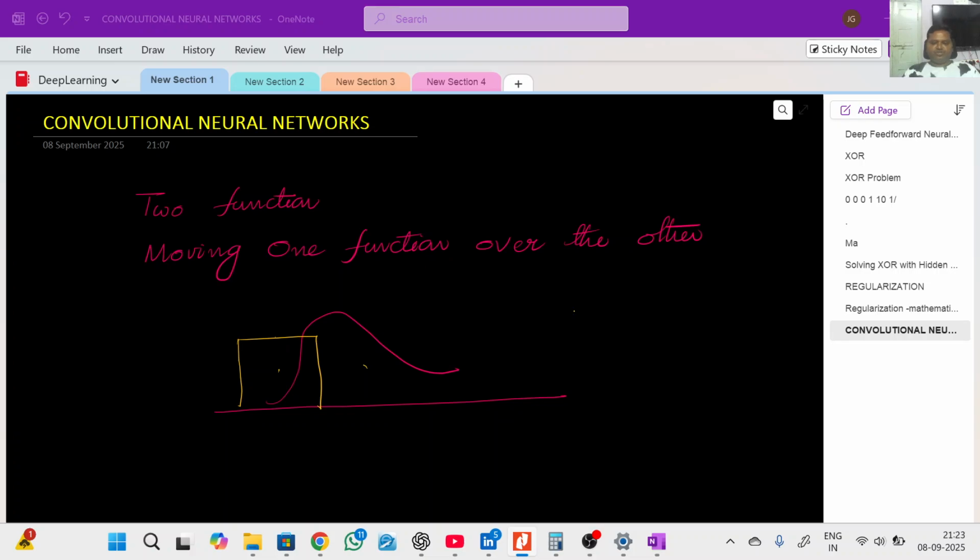Because each measurement is not very reliable, we will take the average of, maybe, the 5 previous ones. Here x(t-a) is weighted by w(-a), where w is the weightage of each one. Obviously the previous one will have more weightage than the very old ones. This is the position and this is the weightage.